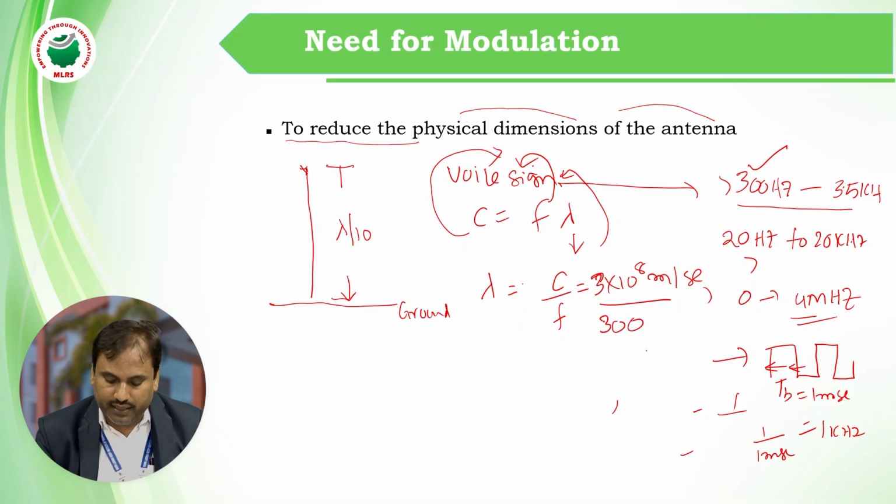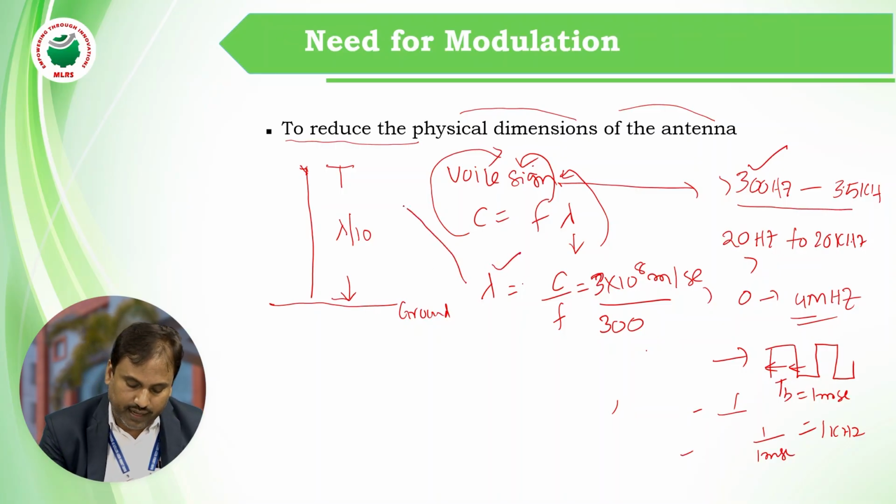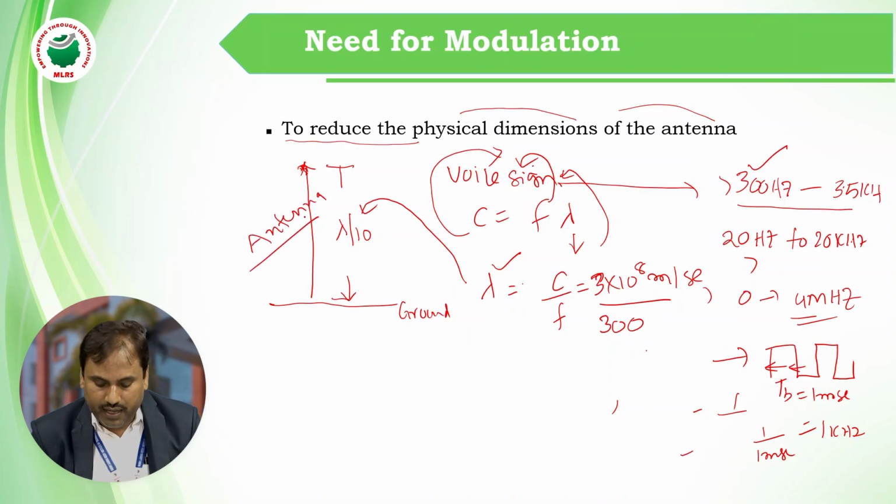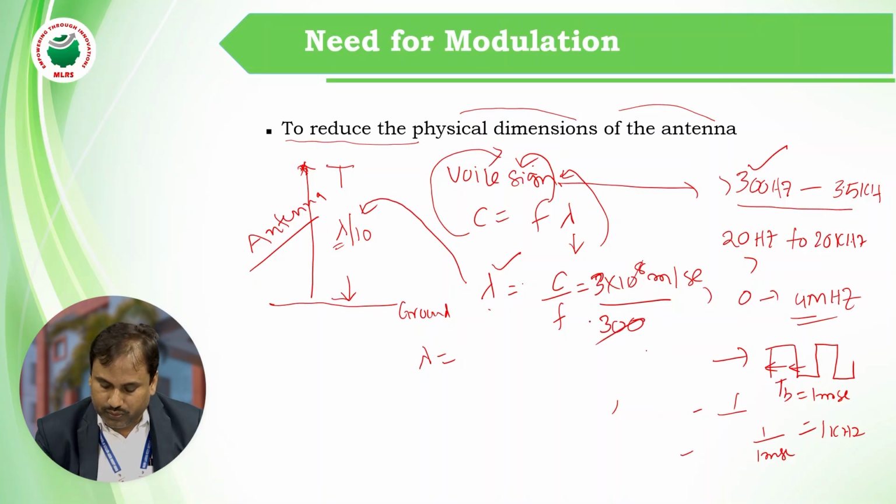This is without modulation. Directly I am finding lambda, then I will substitute this lambda to see the height of this antenna. So my aim is to find lambda first. Lambda is equal to 3 into 10 power 8 by 300. The 2 zeros get cancelled, so you have 10 power 6, and the 3 gets cancelled.